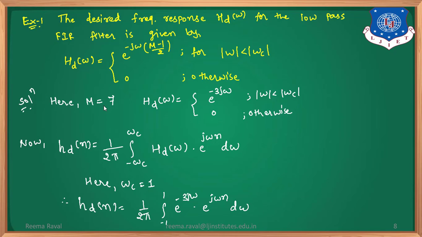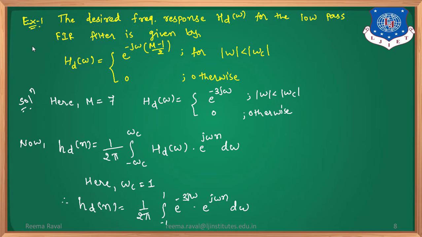So over here m equals to 7, that will be given to us. Using this given function, we can take HD of omega, that is equals to e raised to minus 3j omega, because we put over here m equals to 7, that will be 7 minus 1, 6 by 2, that will become e raised to minus 3j omega in the interval omega less than omega c, and it is 0 otherwise.